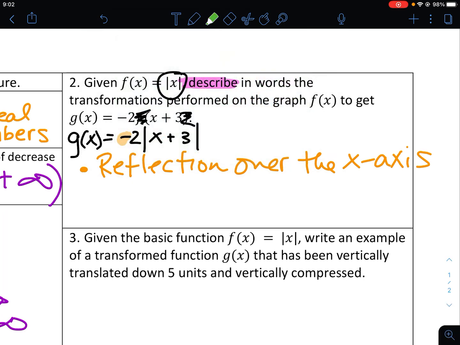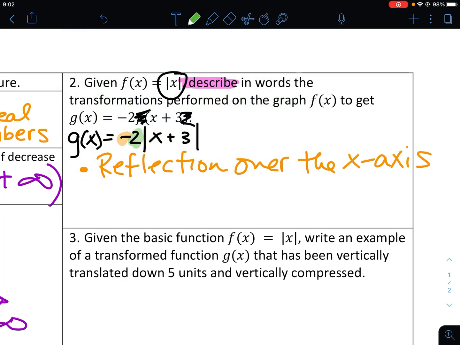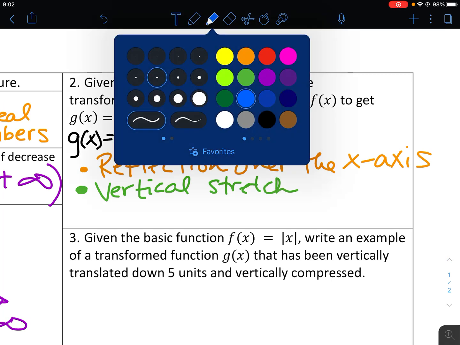Let's go green for the number 2 here, as that's a coefficient and we're multiplying. When I multiply by a number that's greater than 1, what we end up with is a vertical stretch. It pulls our function from top to bottom and narrows it. And then what I have is that plus 3 on the inside.